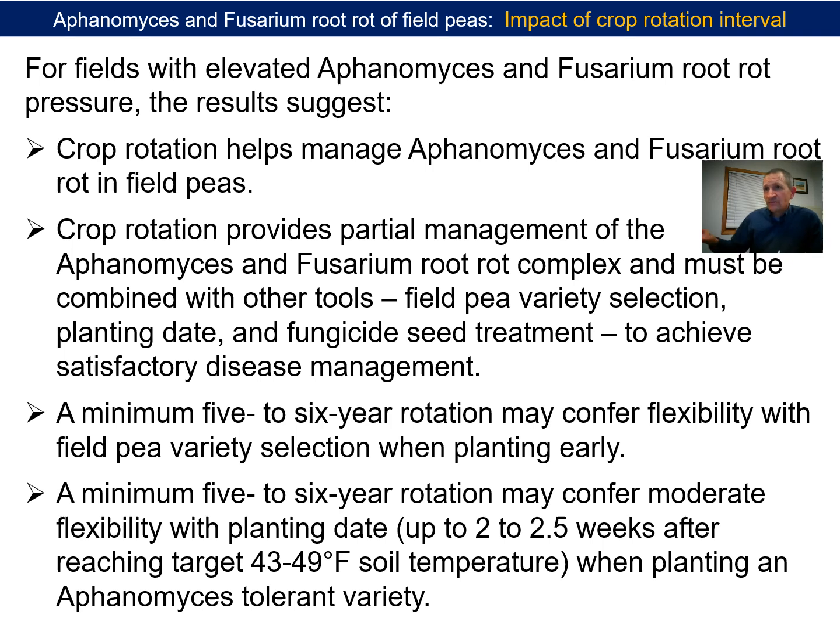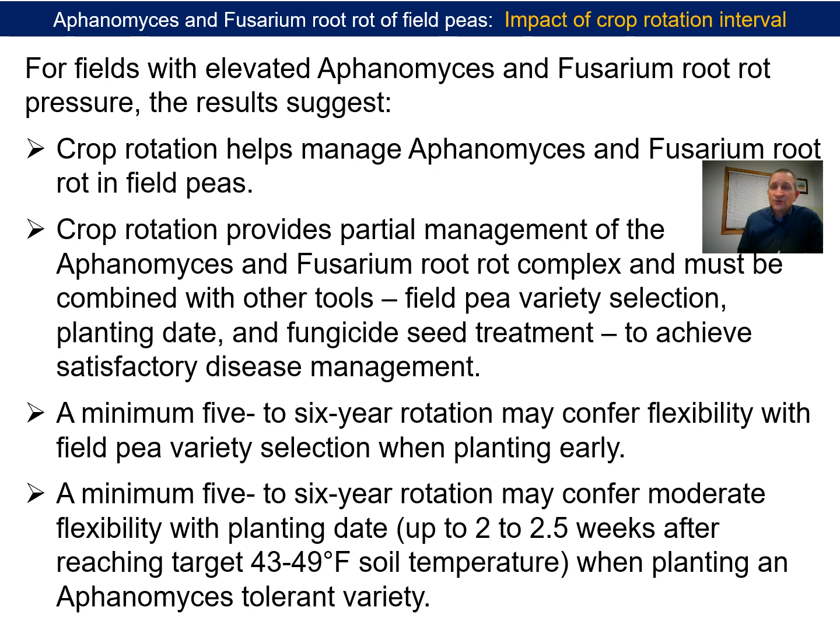That's why the fungicide seed treatment helps us. You plant early because it gives your peas a head start before the soil warms up enough for Aphanomyces and Fusarium to get significantly active.